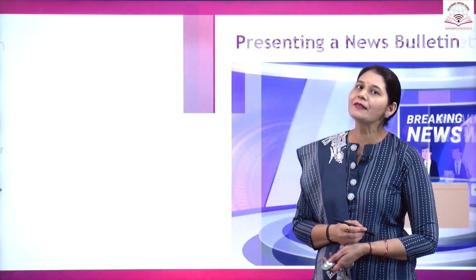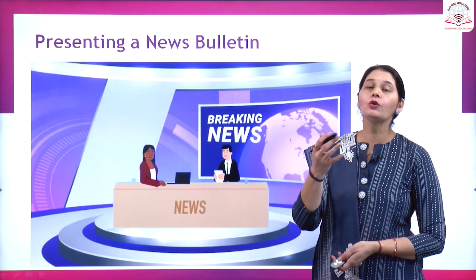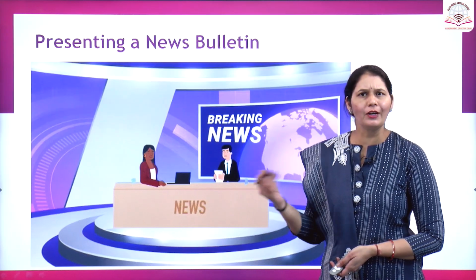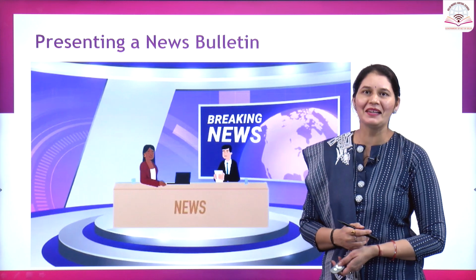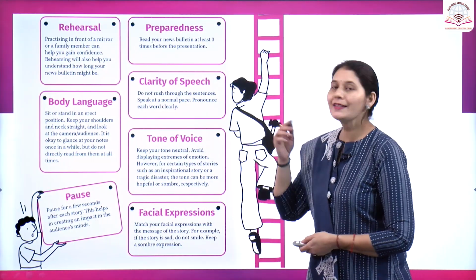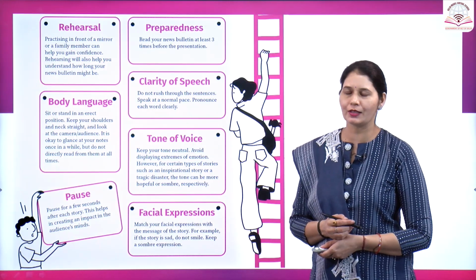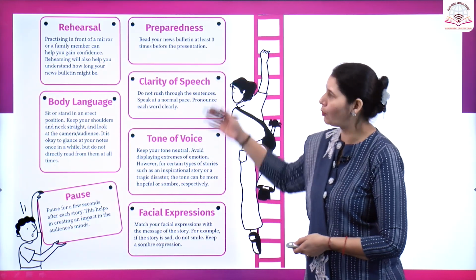Now, we have seen how to prepare our news bulletin and how to structure the stories. Now, is it going to end over here? No. The presentation part is still left, which is as important as framing the news stories. So for the presentation part, you have to keep in mind the following things.